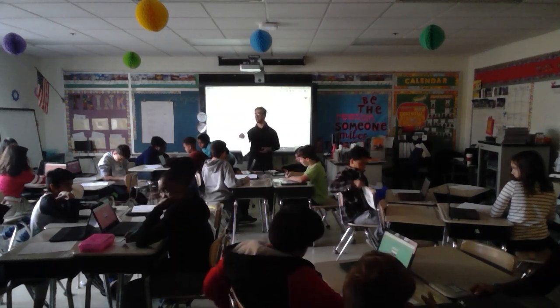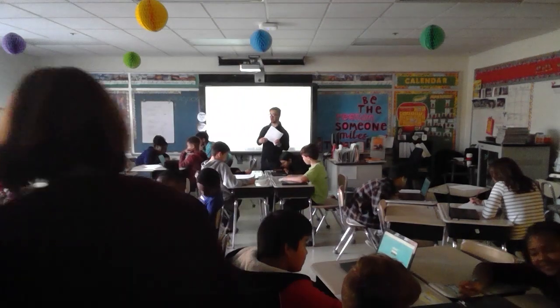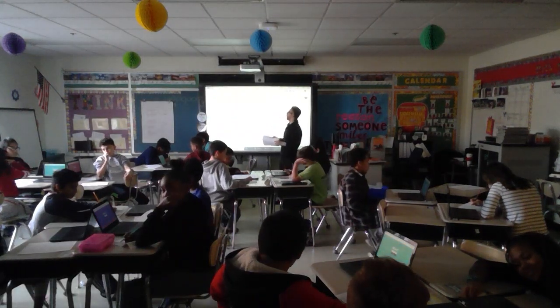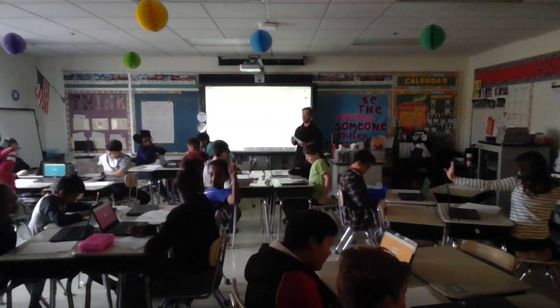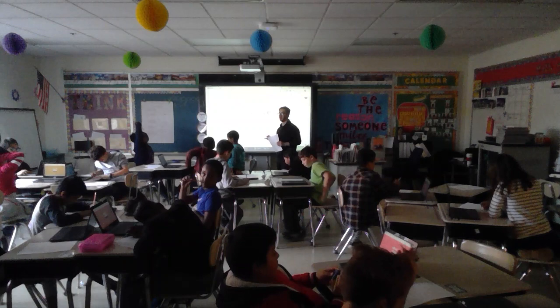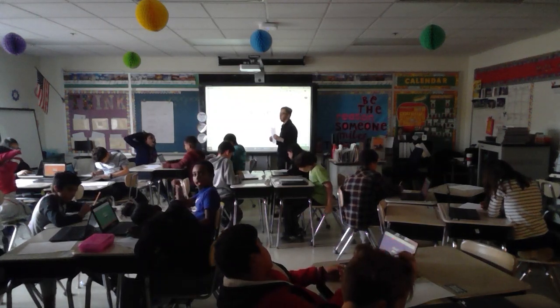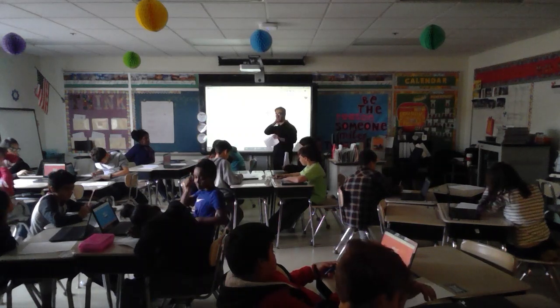So you can work in your table groups together to solve these out. Okay? It's a little bit more of the same of what we've been doing. You want to use your strategies of our place values. Remember, what would we do when we have 2 zeros in the ones column?